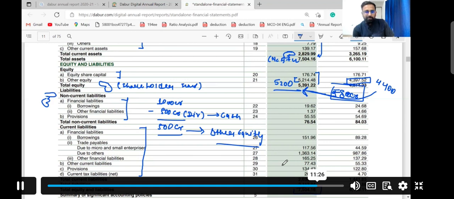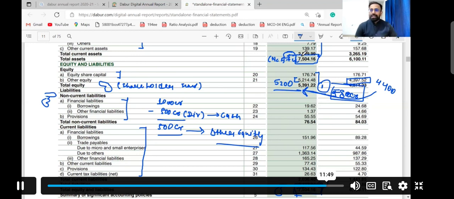If you add total equity and total liability, you will get total equity and liability. And if total equity and liability value is the same as total assets, then you can say your balance sheet is correct.